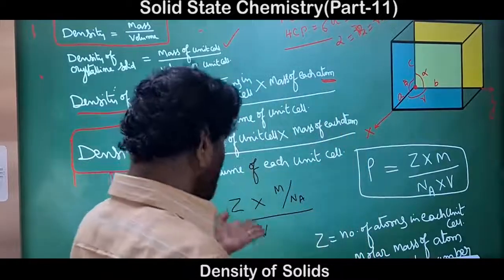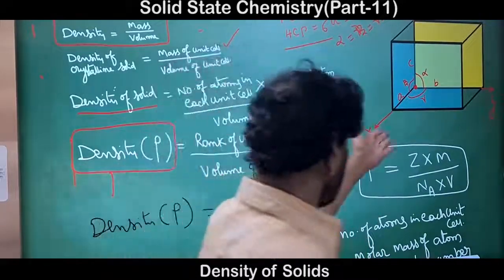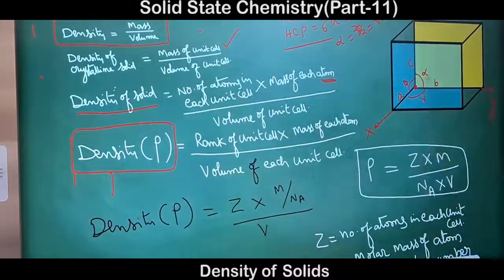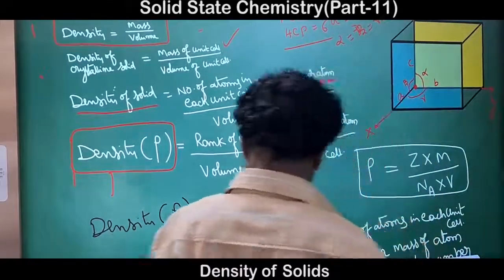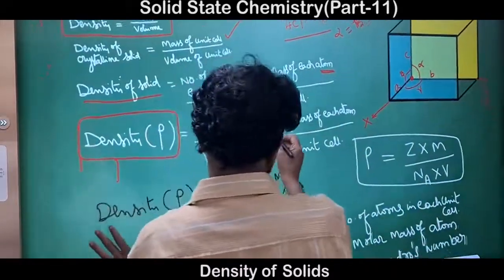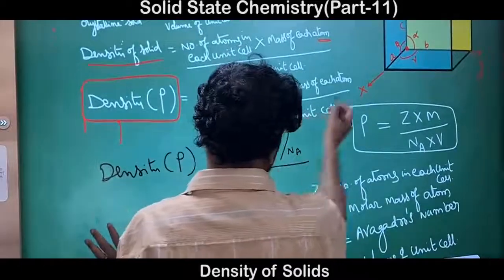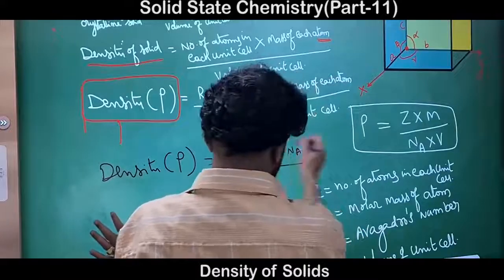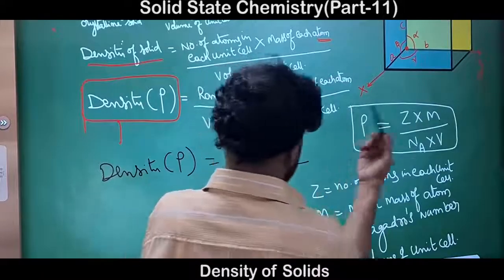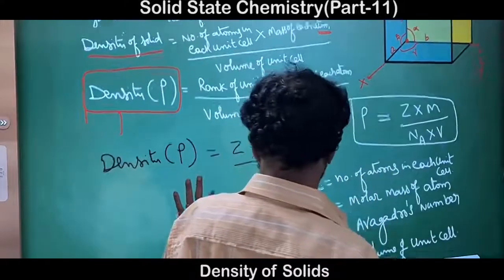For the other systems, if you know the A, B, C values, the length, breadth, and height of the unit cell, we can evaluate the volume of the system. So this is the density: rank of the unit cell, number of atoms involved, mass of the unit cell, divided by volume of the unit cell, which is expressed in terms of the edge lengths.